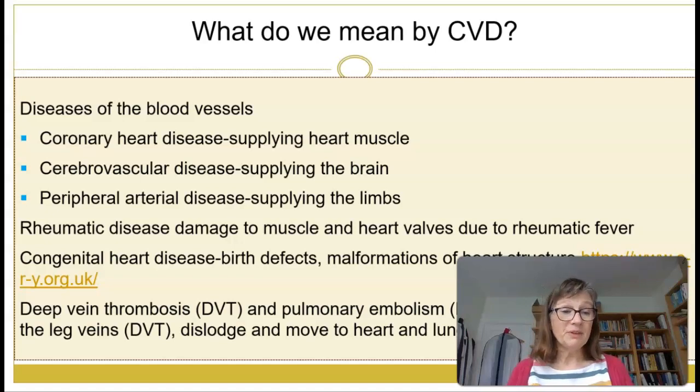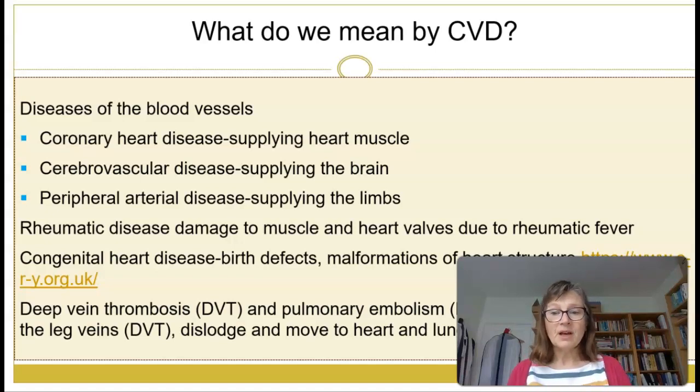Then we've got deep vein thrombosis and pulmonary embolism, and these are about blood clots. DVTs start in the legs, and the clots can dislodge and start moving around. They tend to move to the heart and lungs, where they can cause heart attacks, but in the lungs they can also cause pulmonary embolism.